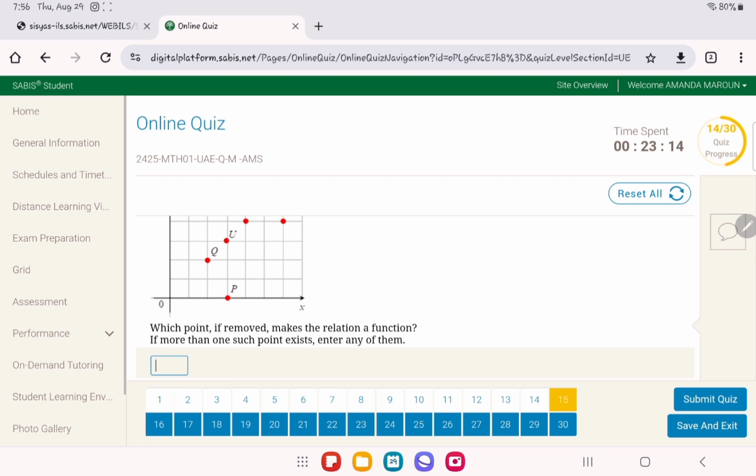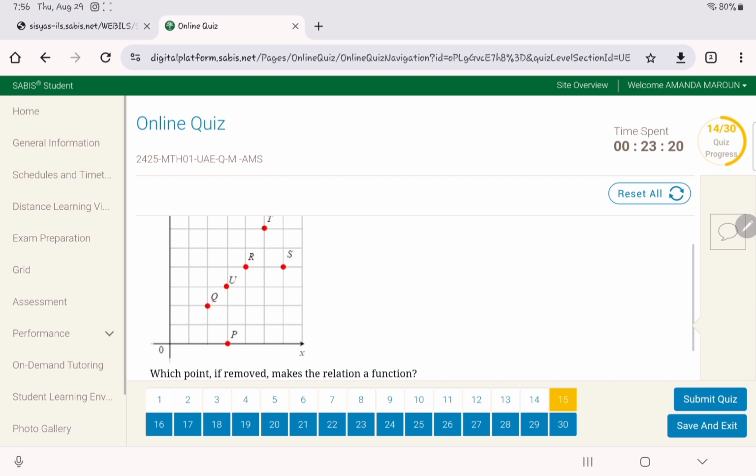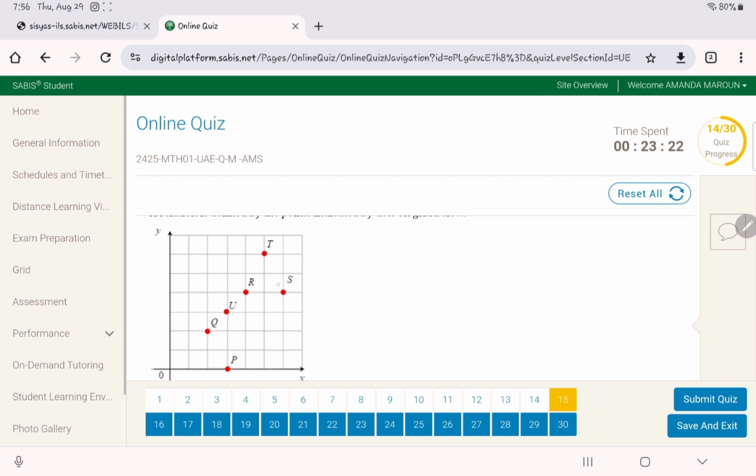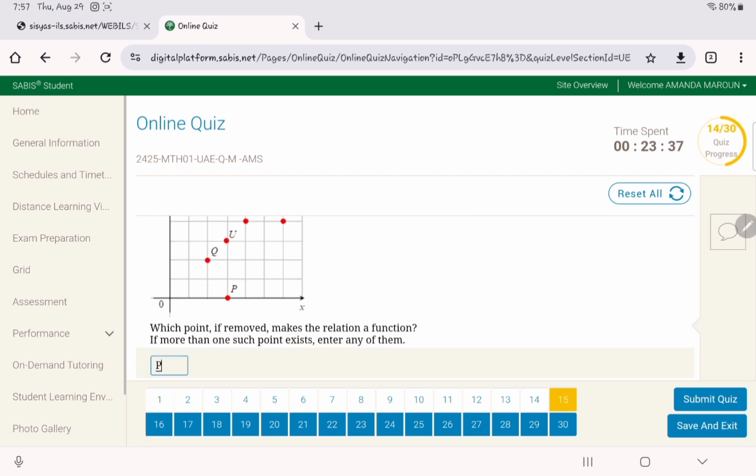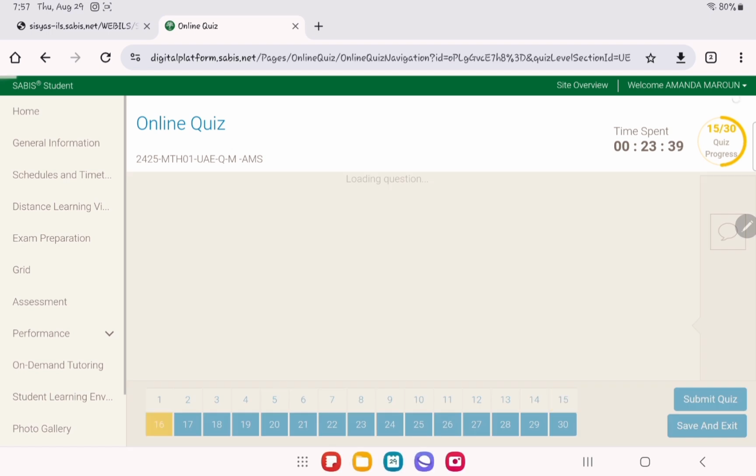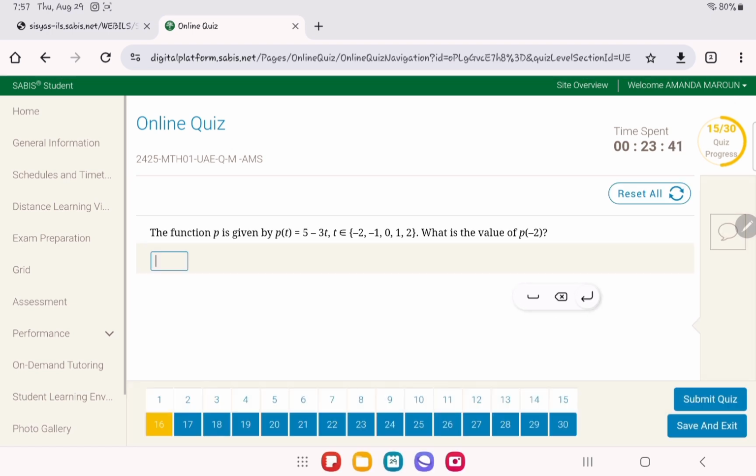So they said if more than one point exists, enter any of them. Let's, for example, enter p. So p, if you remove it, then it's going to be a function. Why? Because we have different x's, okay, and different y's. Even if they're different x's and they have the same y, it works. But if they are the same x and they have different y's, it will not work. It's not a function.